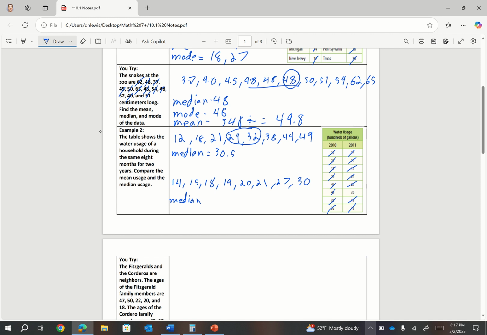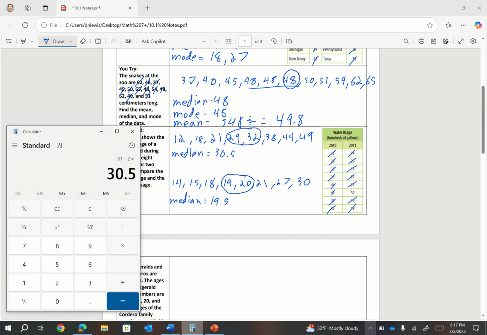All right, next one, 19 and 20. The average of that is 19.5. Okay, finding the mean.